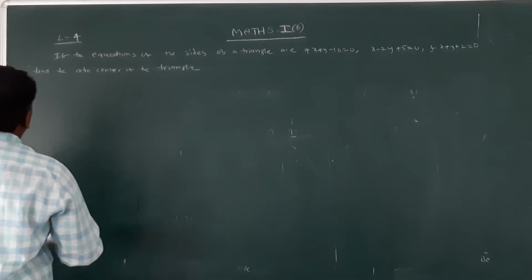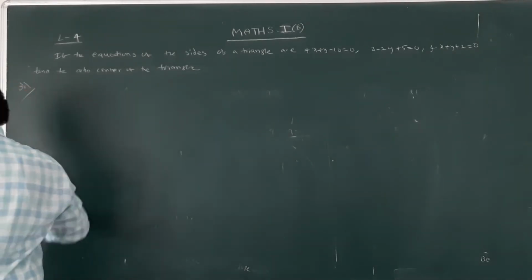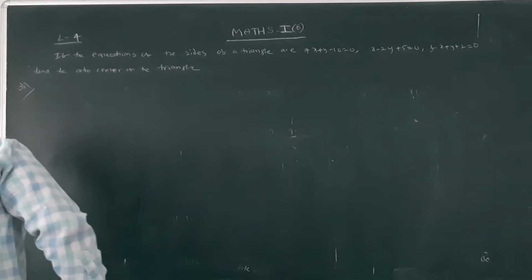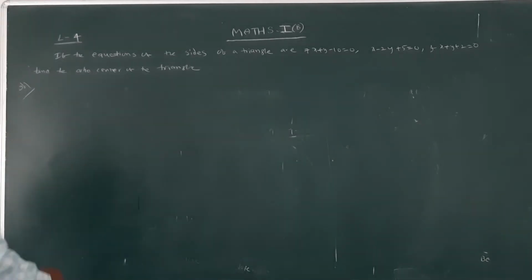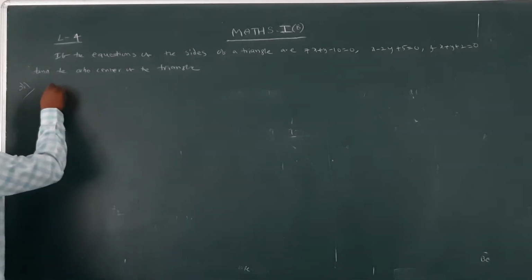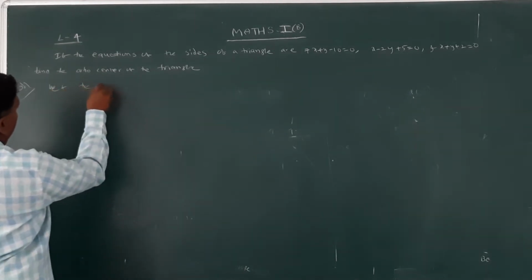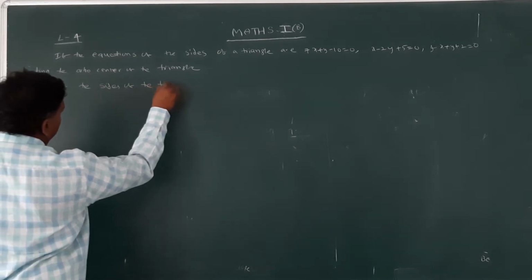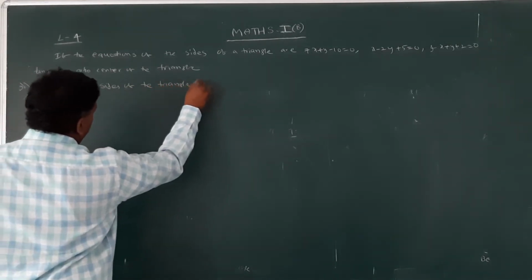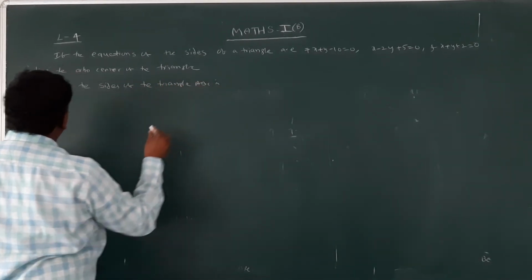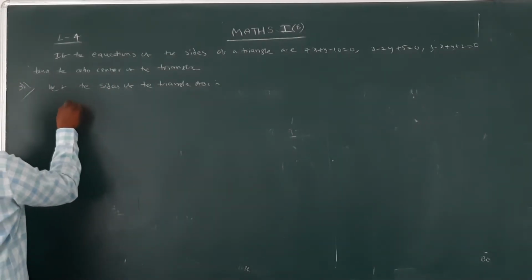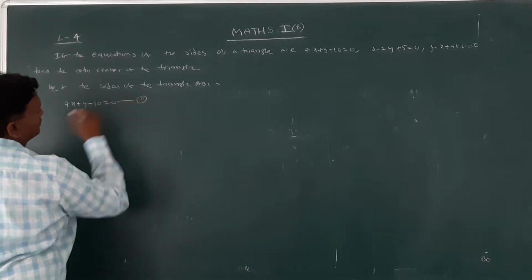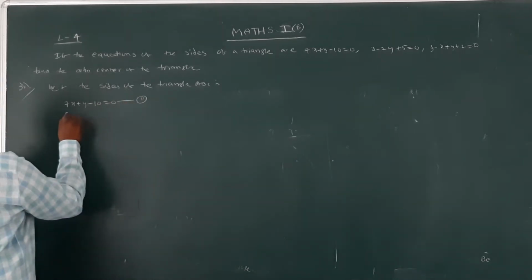Let the sides of the triangle ABC be 7x plus y minus 10 is equal to 0, equation number 1.